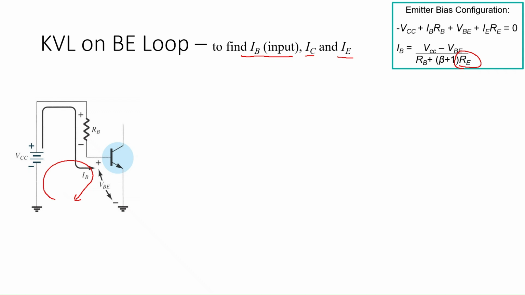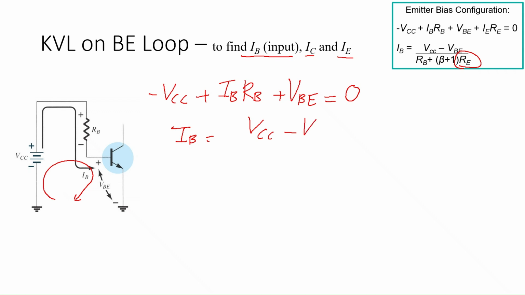We start with minus VCC for the KVL, and then the current flow is IB, so IB times RB, and then we have the voltage drop at the transistor, the BE junction. We note this as VBE, the value is 0.7, and the complete loop should be equal to 0. So your IB will be equal to VCC minus VBE, over RB.